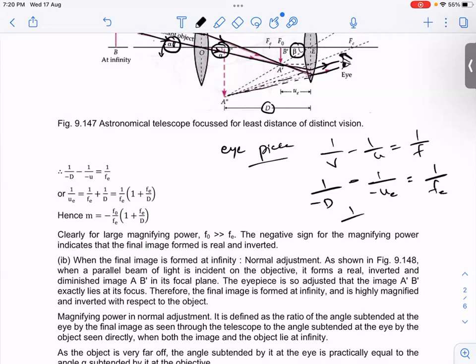So here I will have 1 divided by UE is equal to 1 divided by FE plus 1 divided by D. And if I take 1 by FE outside, then I have 1 by FE into (1 plus FE divided by D). Okay. So make a note of this point.